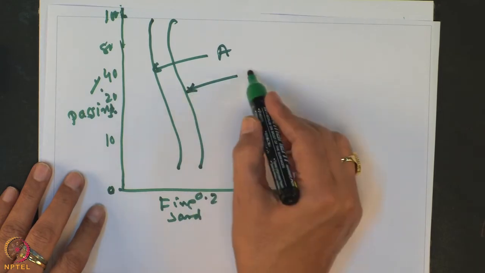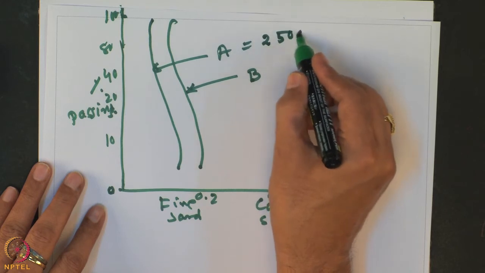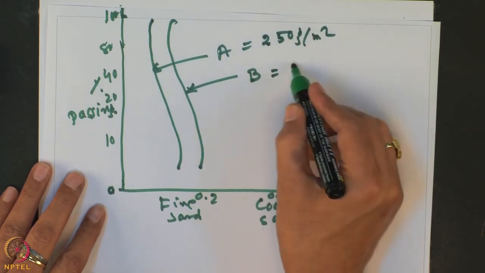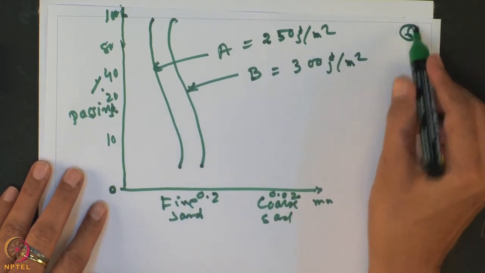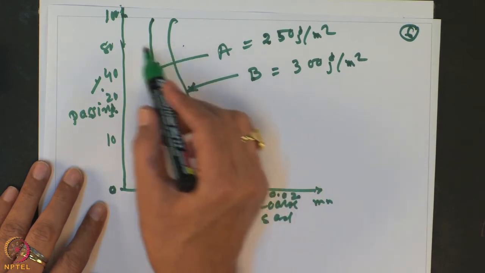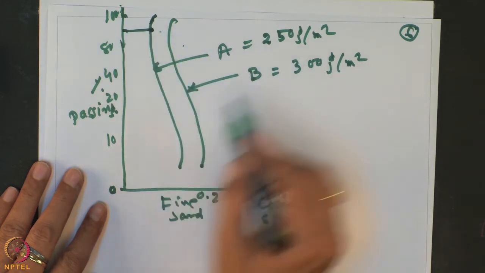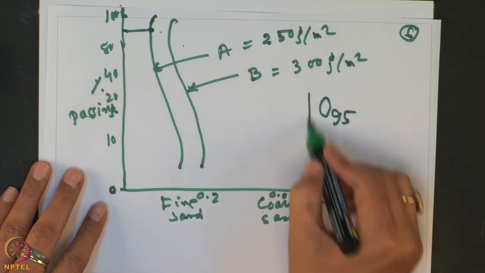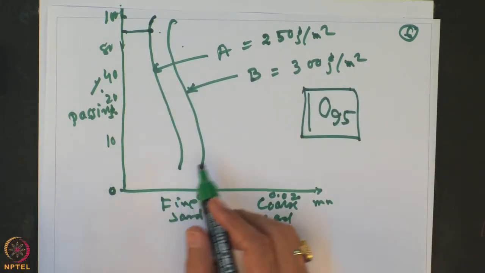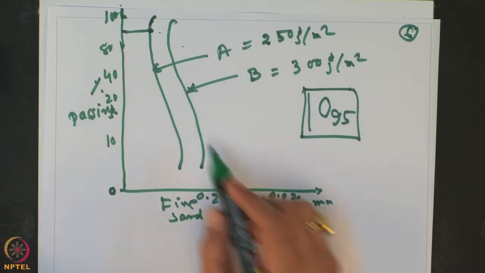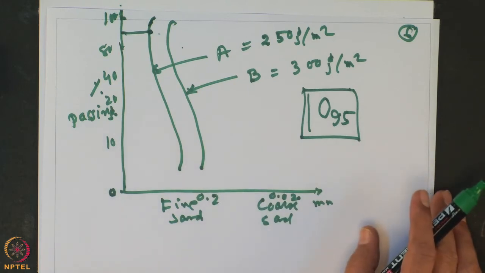Let us say this is material A with a weight of 250 gram per meter square, and material B with a weight of 300 gram per meter square. From this curve, the 95 percent passing will give you the O95. This is very important, O95, 95% of the soil retained. Then you can determine the apparent opening size or equivalent opening size of the geosynthetic material.